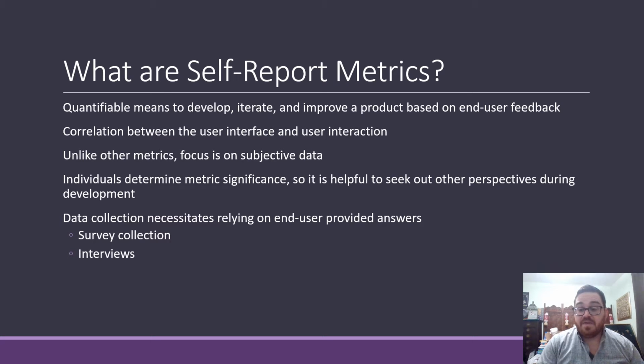Survey collection is generally the less direct method, a more passive method on the researcher's part and more active on the user's part, and allows a greater abstraction between the user and the researcher, but does sometimes encourage a more truthful environment based on less tension that can be inherent within direct contact between two different parties.